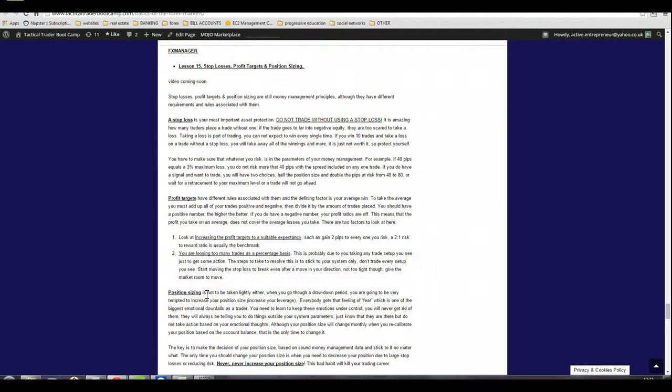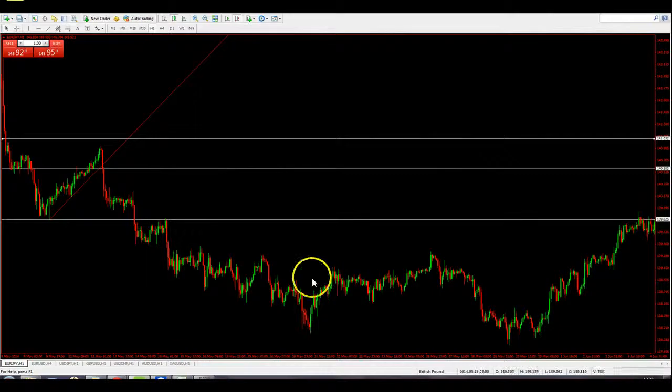When your account balance is done at the end of the month, whether it's up or down, recalibrate your position size to reflect your account balance, and just make sure your profit targets are about 2 to 1. Let's just say, for instance, this Euro Japanese yen trade that we were looking at.